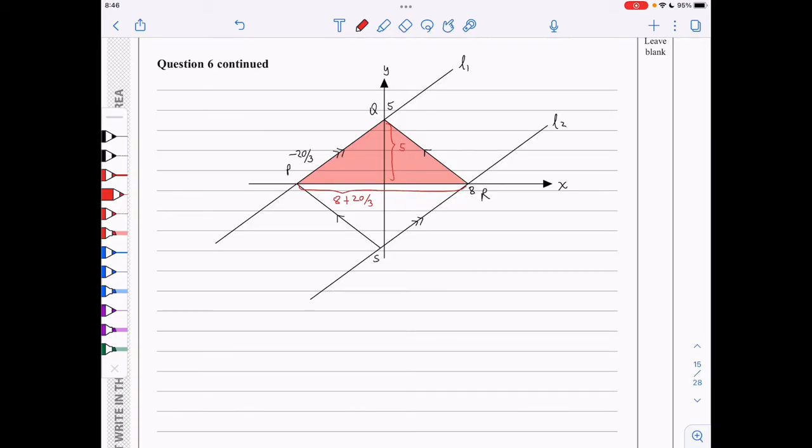So I could simply say that the area of the parallelogram will be 2 times the base times the height over 2. Plug this on your calculator and you are getting an answer of 220 over 3 squared units.